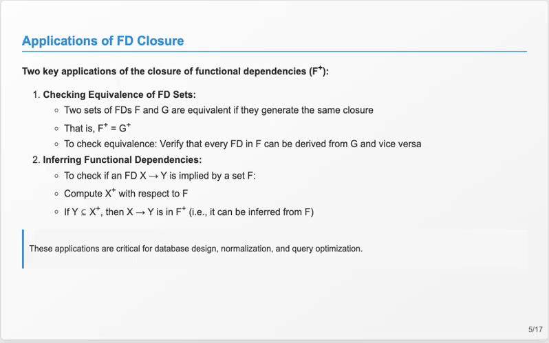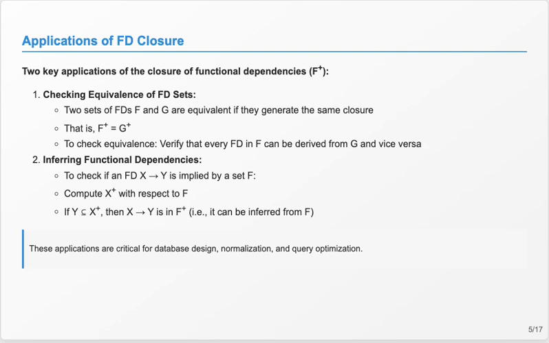And secondly, which is a much more widely considered case, it lets us infer whether a specific FD, like X determines Y, is implied by the given set of functional dependencies. These are crucial for designing databases, normalization, and even optimizing queries.